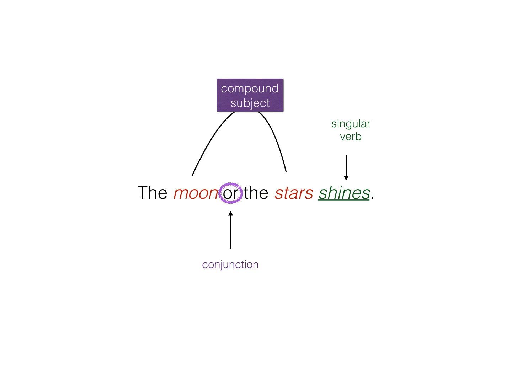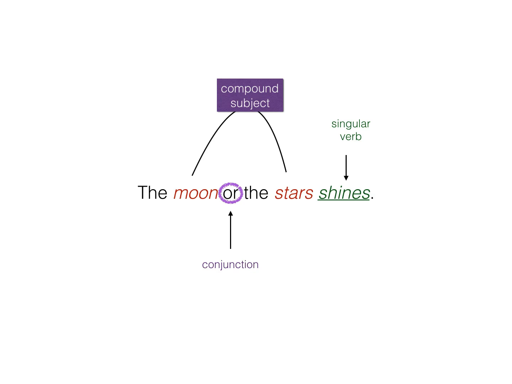Here's another sentence. The words moon and stars are the compound subject. Our conjunction is or, and shines is the verb. Now here we have a singular verb. Let's look at the subject that is closer to the verb. Is it a singular subject or a plural subject? Stars. So we have a plural subject.